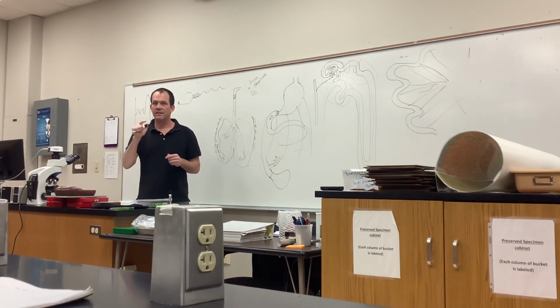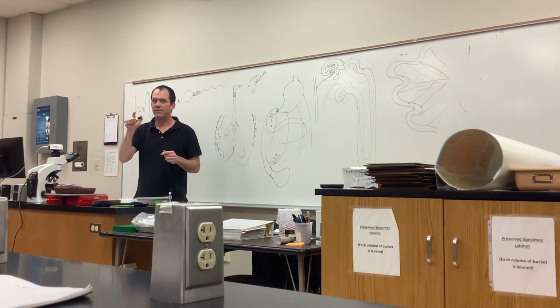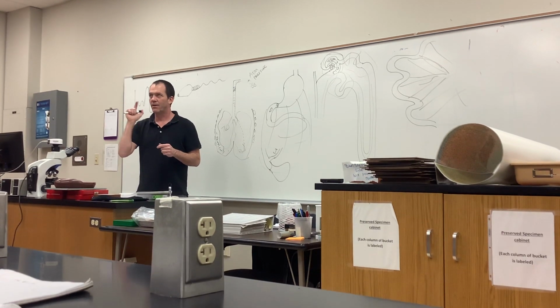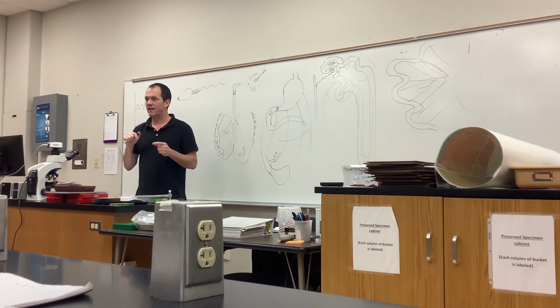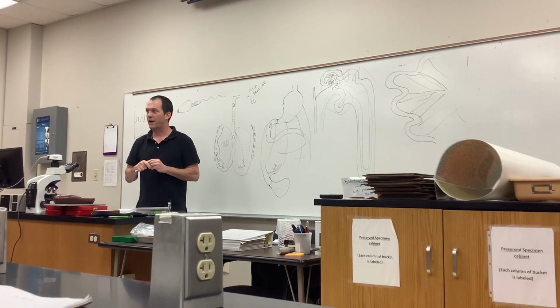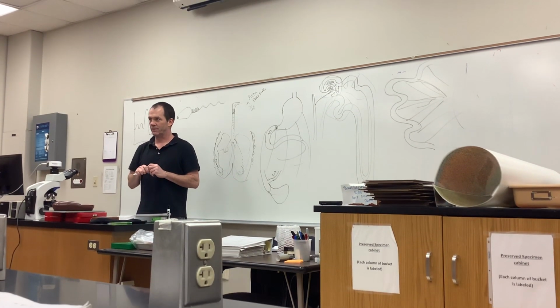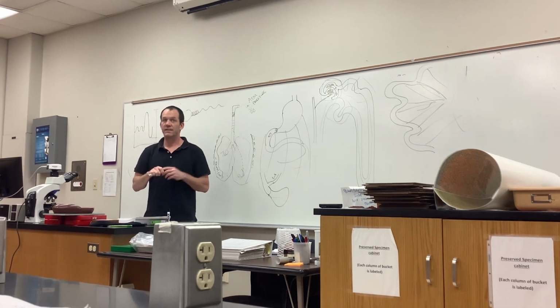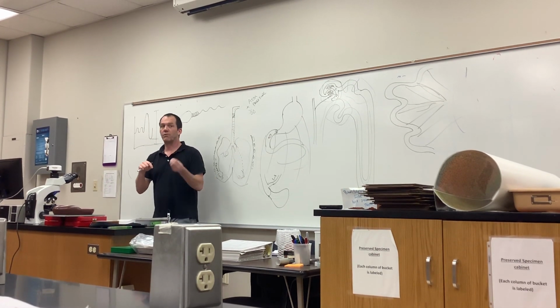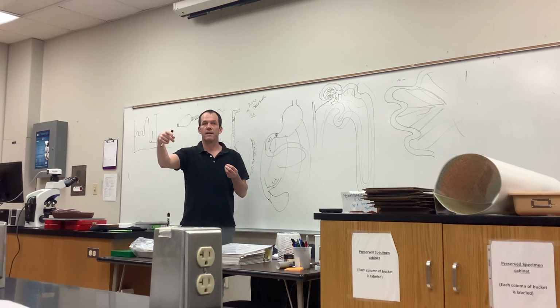What cell does the sperm cell run into in the oviduct? What's the name of the cell that it fertilizes, or that it bumps into first? It's called a secondary oocyte. Right? It's not called an ovum yet.